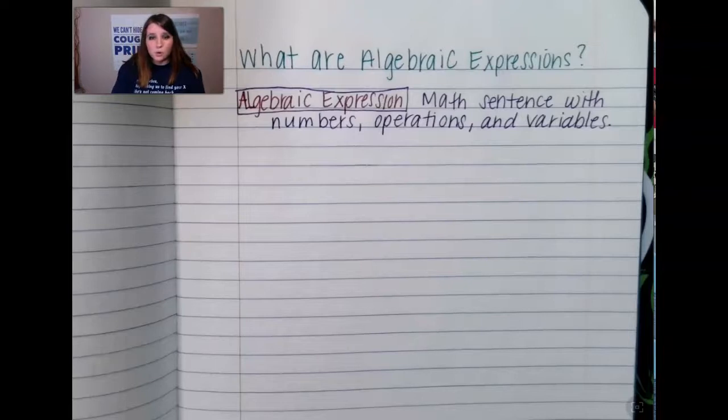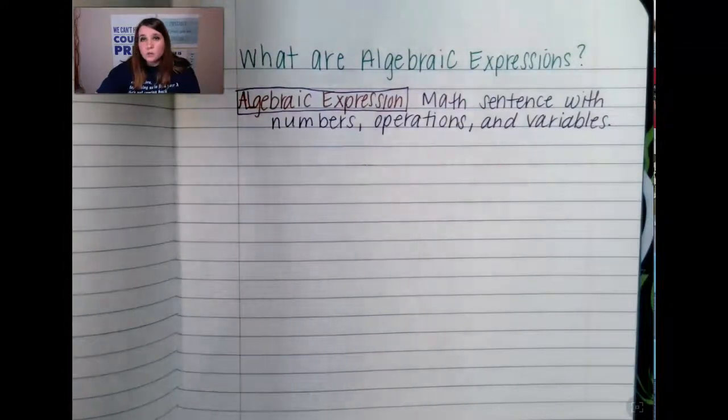I'm going to color code a lot of stuff today so that we can identify different things. So first of all, when we have an algebraic expression, it would look something like this. I'm going to color code each part as I'm writing it.